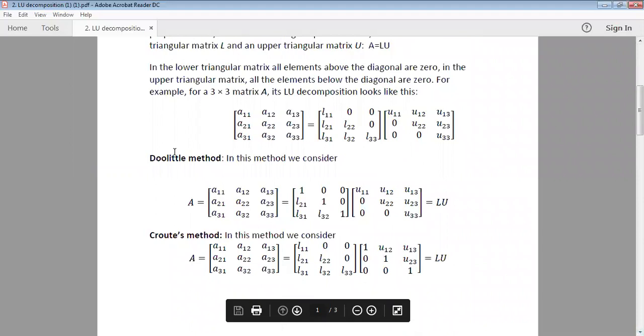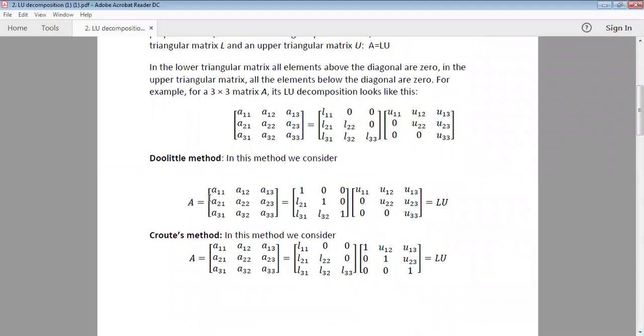Now we see the Doolittle method. In this method, we consider A equal to A11, A12, A13, A21, A22, A23, A31, A32, A33 equals to, now I am writing the lower triangular matrix 1, 0, 0, L21, 1, 0, L31, L32, 1.